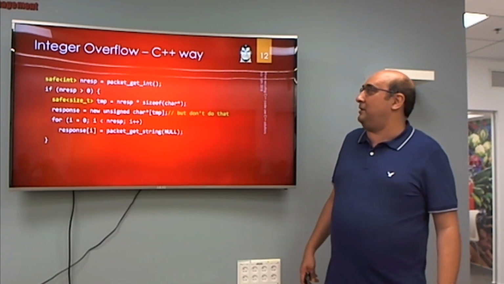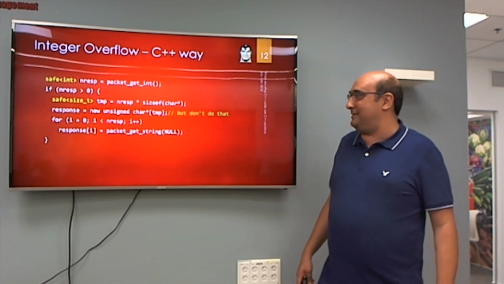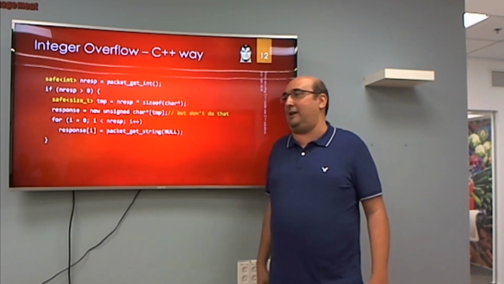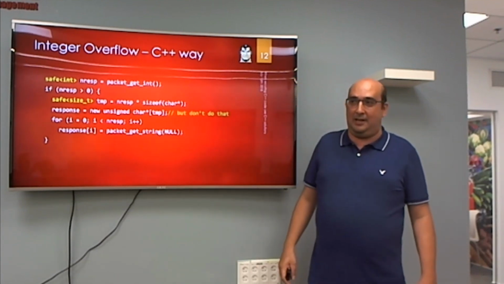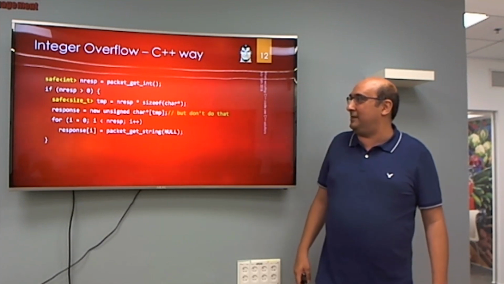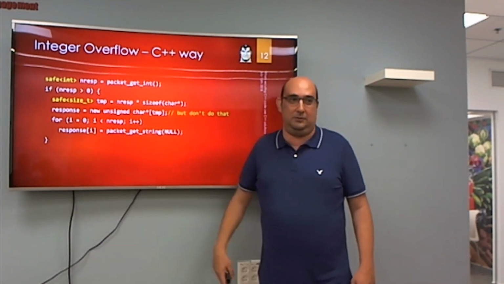So if OpenSSH was written in C++, the code might have looked like that. But of course, this is a segue to our next problem because we don't want to do it.